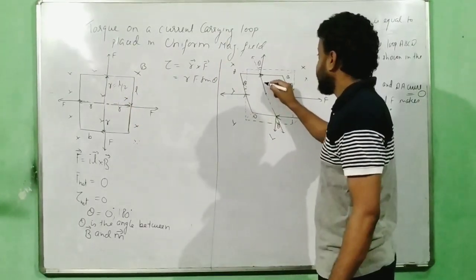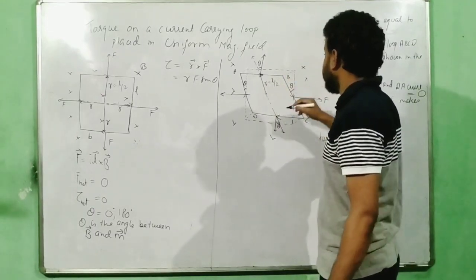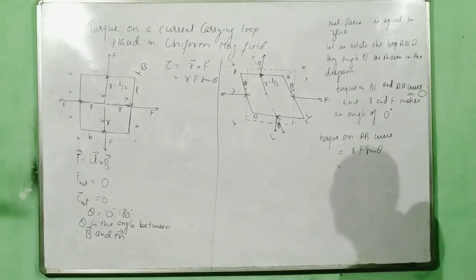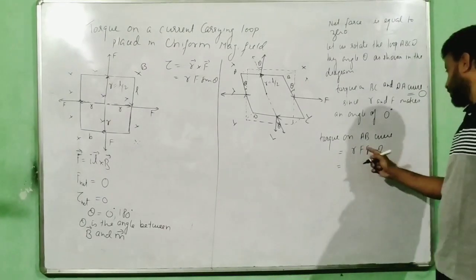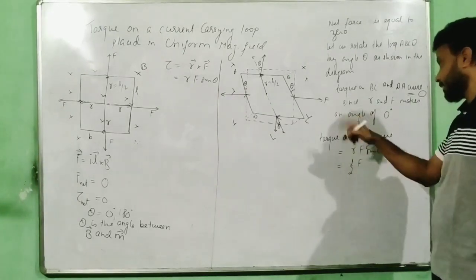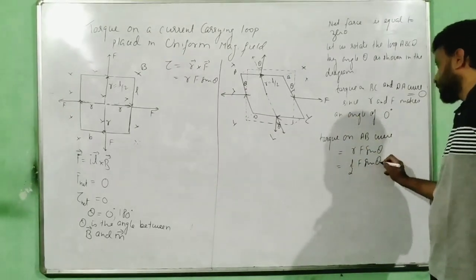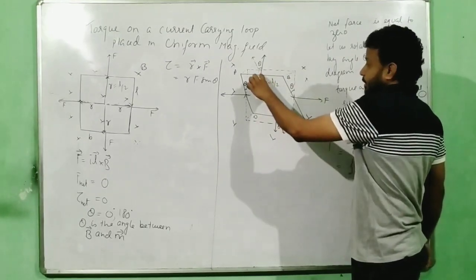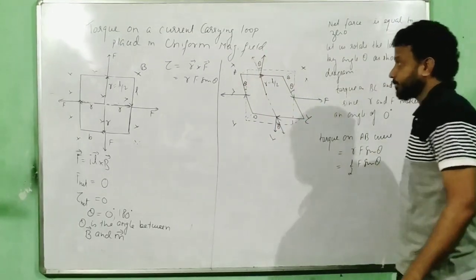The torque on AB wire will be equal to L by 2 into F sin theta. From the midpoint till here, if this is my L, then it becomes L by 2.